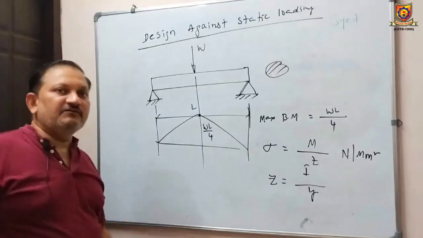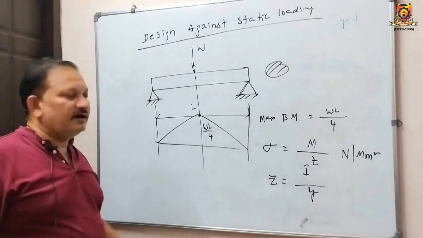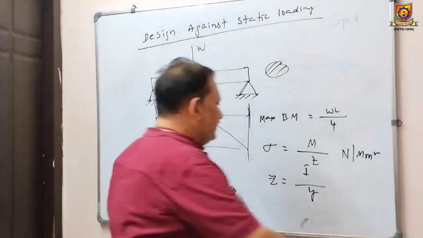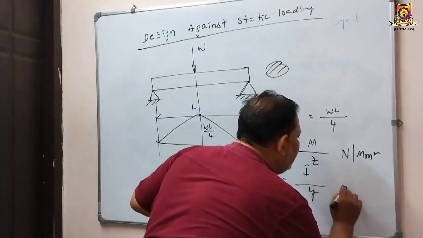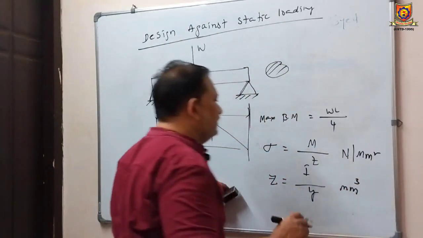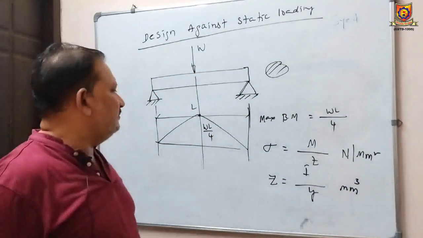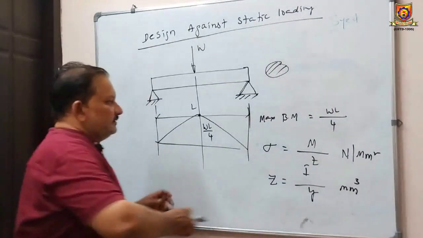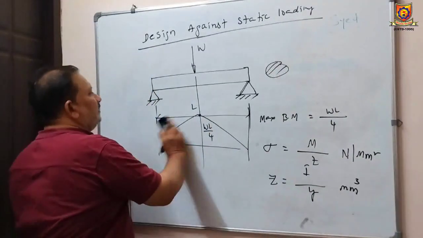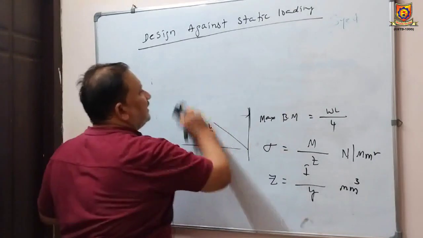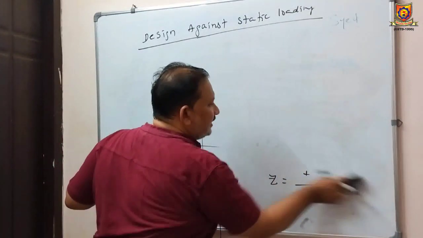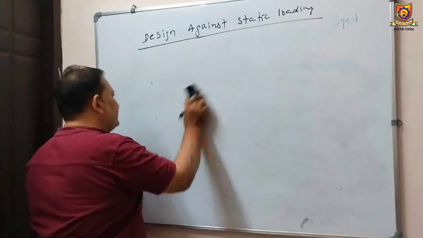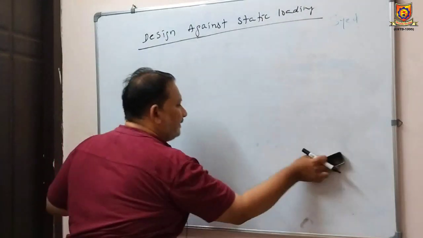So this is millimeter cube section modulus. We can give it in millimeter cube or meter cube. Okay. So this is how we can find out bending stress, or you can say normal stress, if a member is subjected to a bending moment.